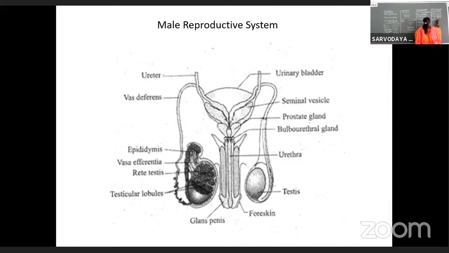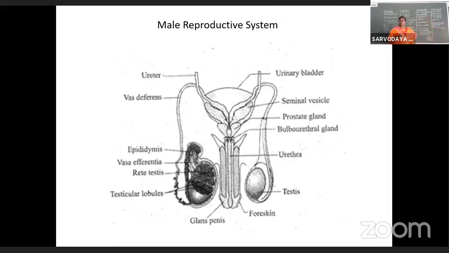The secretion is referred to as seminal plasma. What does the seminal plasma include? It includes fructose, calcium, and certain enzymes.